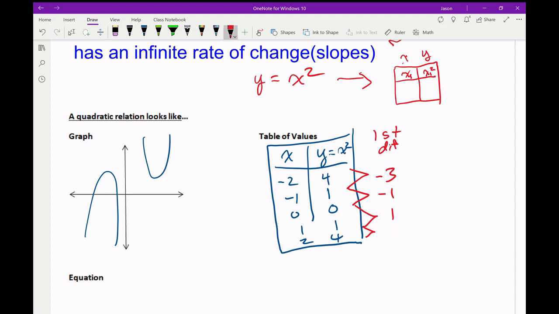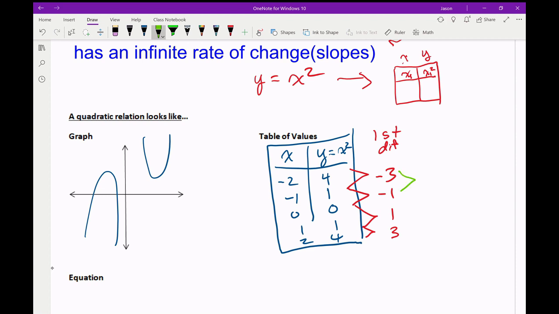So now that we have our first differences, we know that this is supposed to be quadratic. Basically, a quadratic relation looks like those equations that we were working with in the last unit. So what should happen is our second differences should be the same.